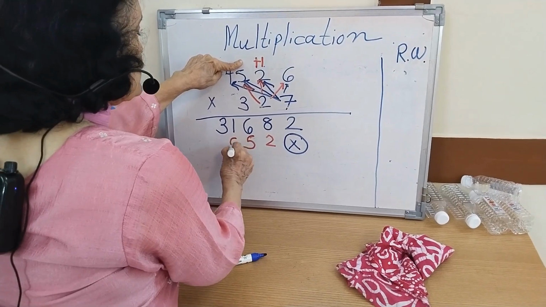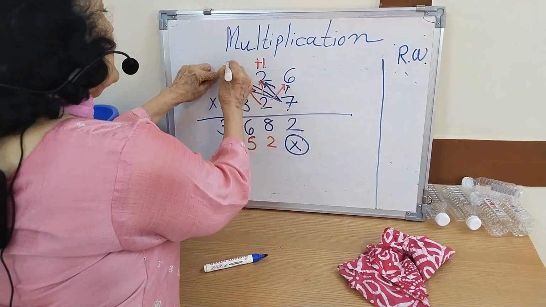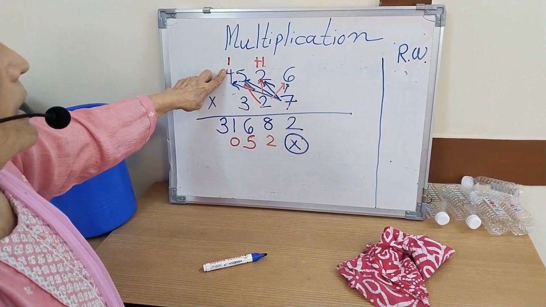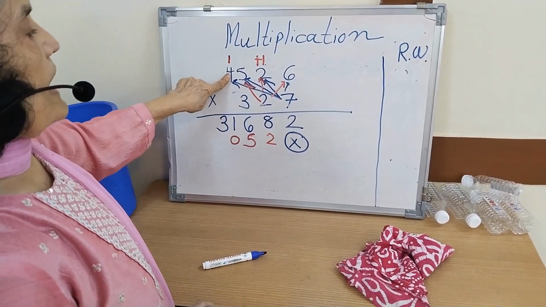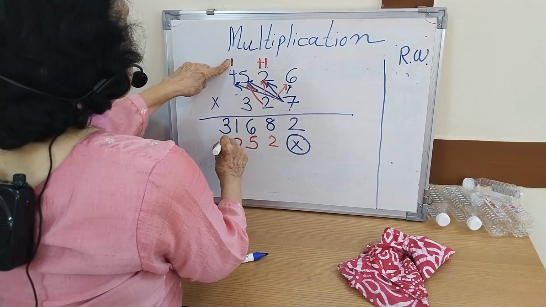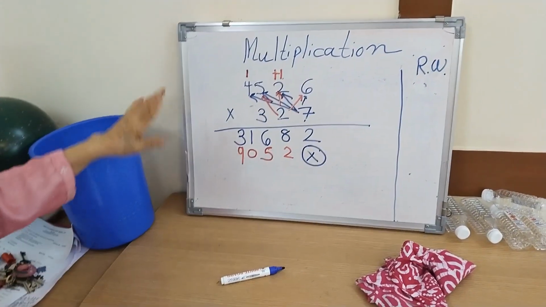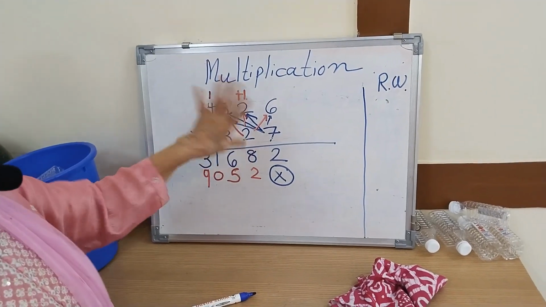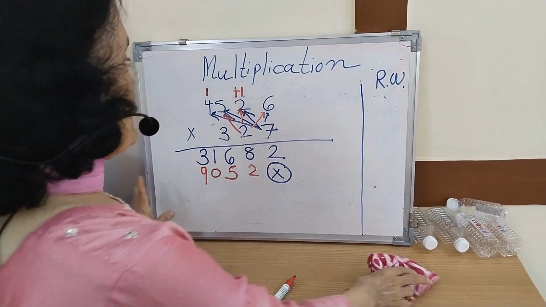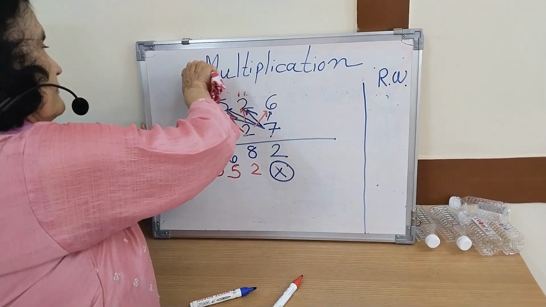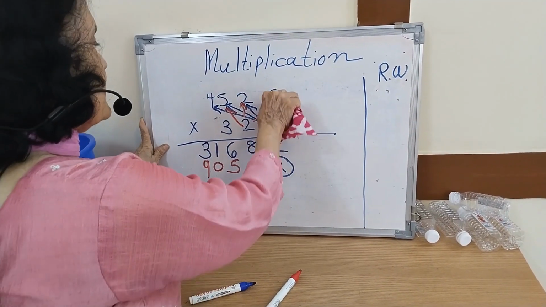So out of 10, 0 goes here and 1 comes here. Then 4 2s are 8 plus 1, that is 9. So here we have utilized this second number also. Let us wipe off the rough work or the mind work here.